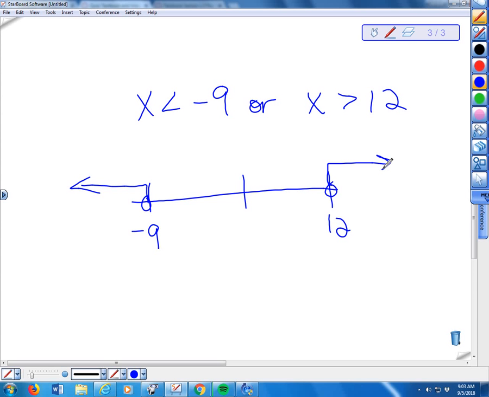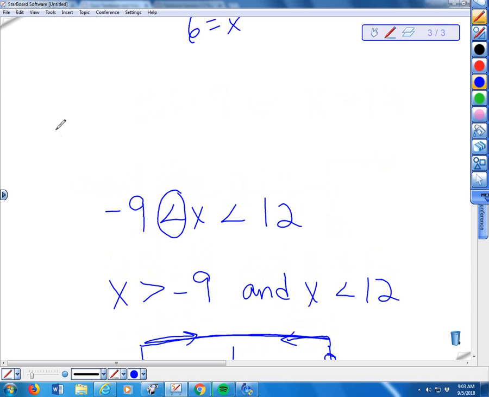There's no number less than negative 9 and greater than 12. But there is a number that meets this criteria. 0 meets it. Any number between negative 9 and 12 meets that, right? So I can use the word AND for this one, but I can't use the word AND for the other. It has to be OR. Does it make sense? Okay?